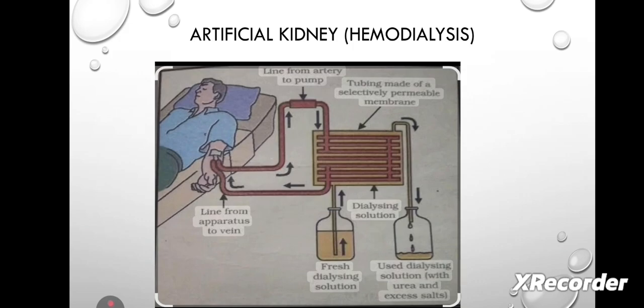This is similar to the function of the kidney, but it is different since there is no reabsorption involved. And the picture you are seeing, this is the process of dialysis. Normally, in a healthy adult, the initial filtrate in the kidneys is about 180 liters daily. However, the volume actually excreted is only a liter or 2 a day because the remaining filtrate is reabsorbed in the kidney tubules.